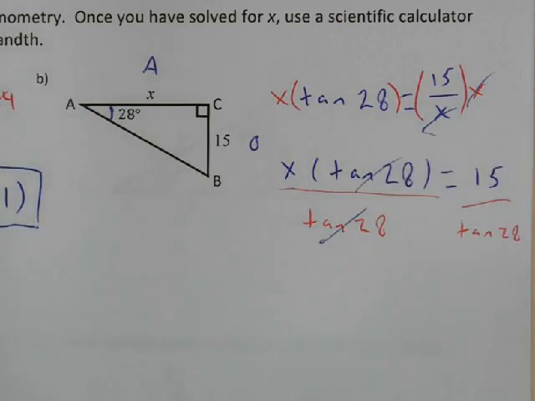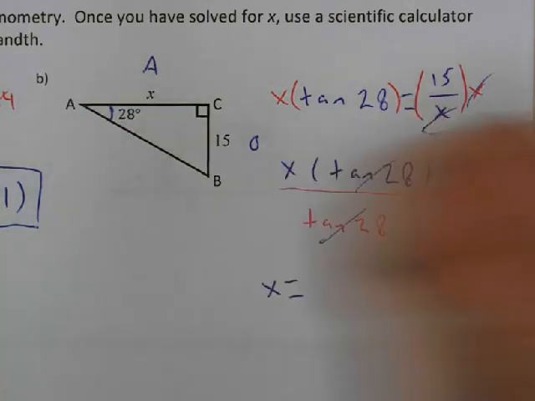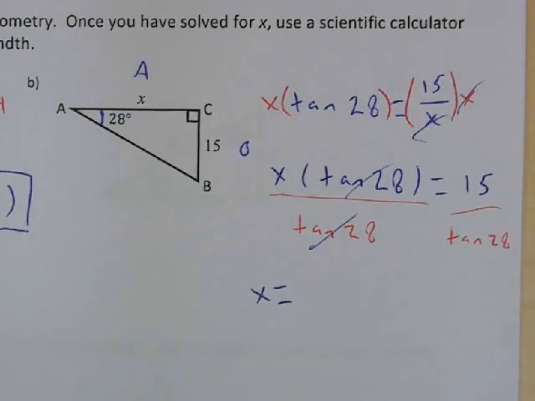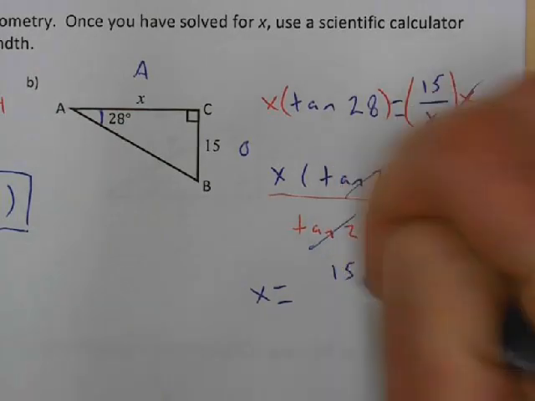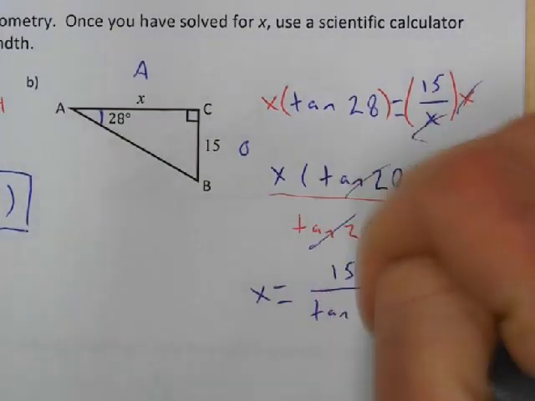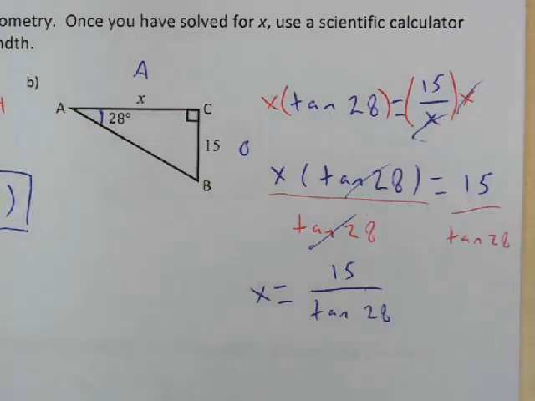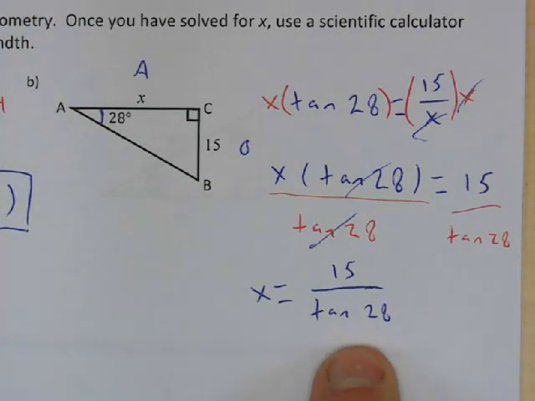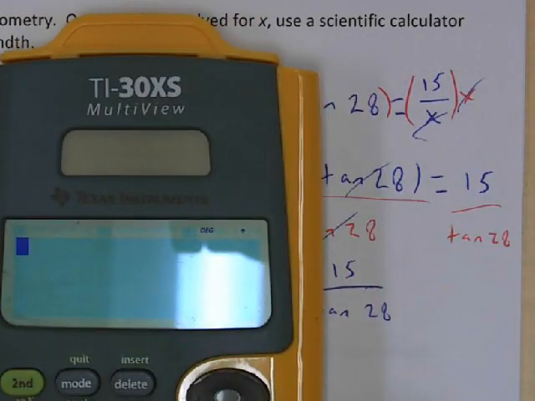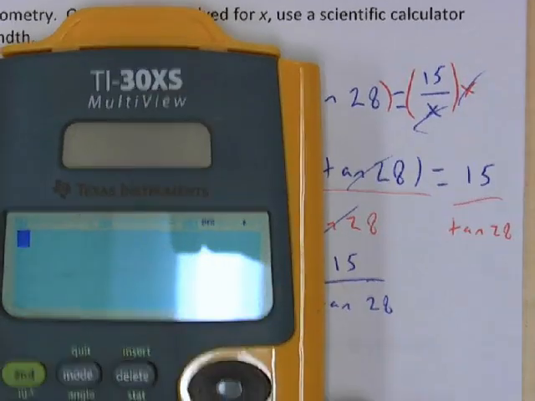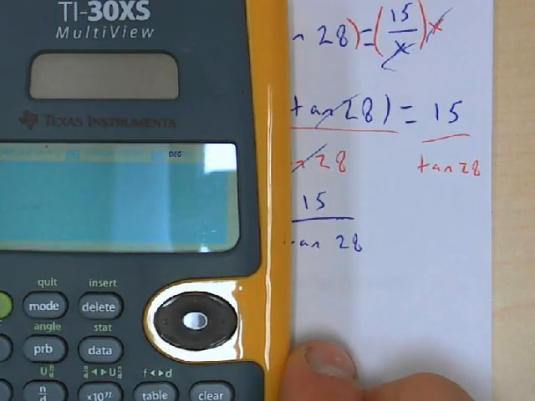And then these cancel, and then I get x equals 15 divided by the tangent of 28. Okay, so that's my answer exactly. And then what if we want a decimal approximation? Well, I can just take my scientific calculator, try to get it where there's no glare.